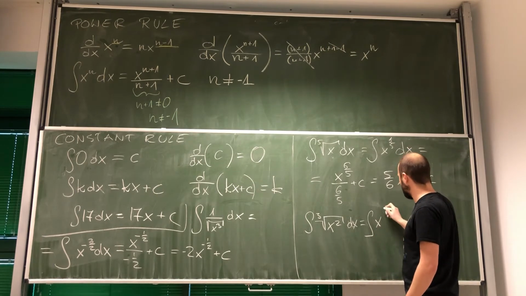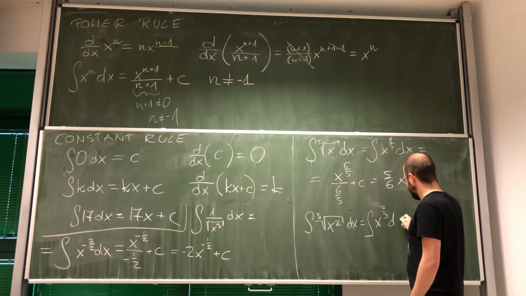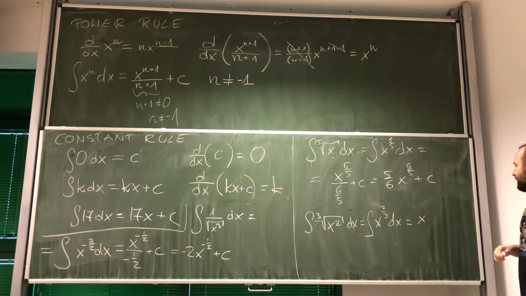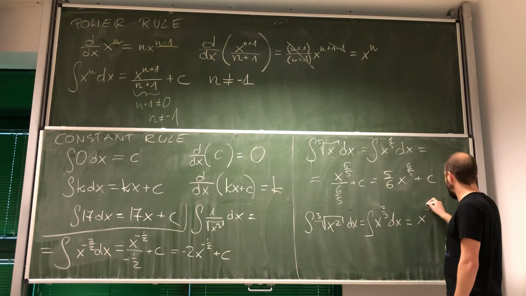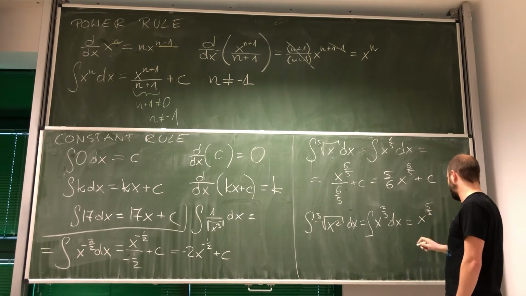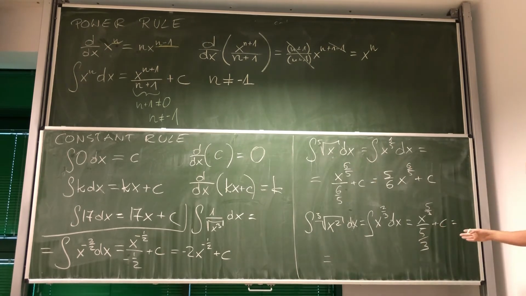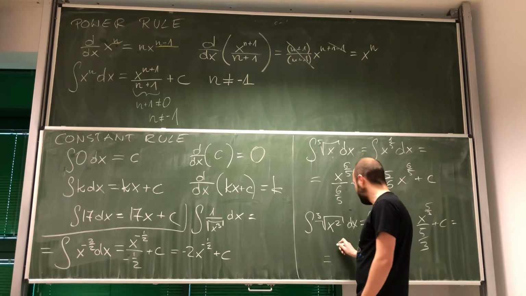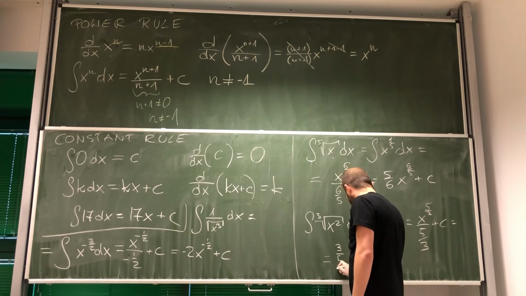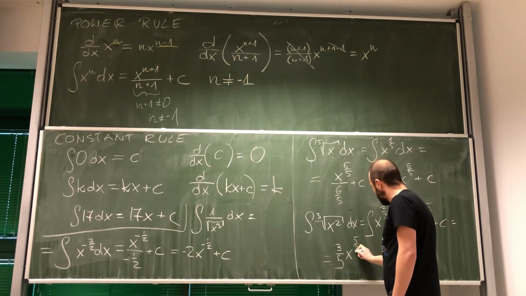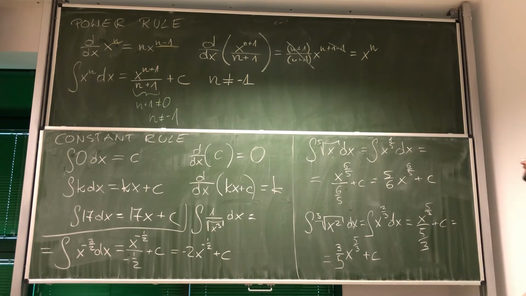We got x to the power 2 over 3 dx, and now we're adding 1 to the power, so we're getting 5 over 3 divided by 5 over 3 plus c. But dividing by 5 over 3 is like multiplying by 3 over 5. Then we've got x to the power 5 over 3 plus c.